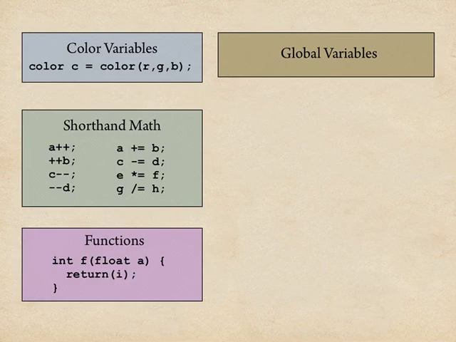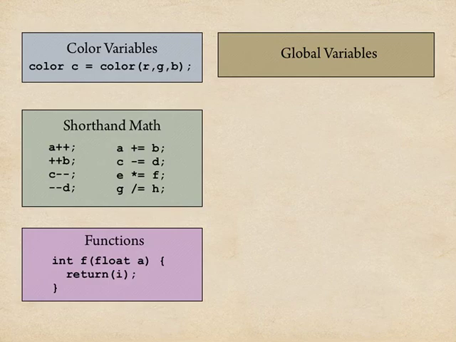And they give us a way to remember information from one frame to the next. My convention is to always start global variables with a capital letter, and always start local variables with a lowercase letter, so I can tell which is which at a glance. Not everyone uses that convention. For example, Processing doesn't, but I've always found it useful.